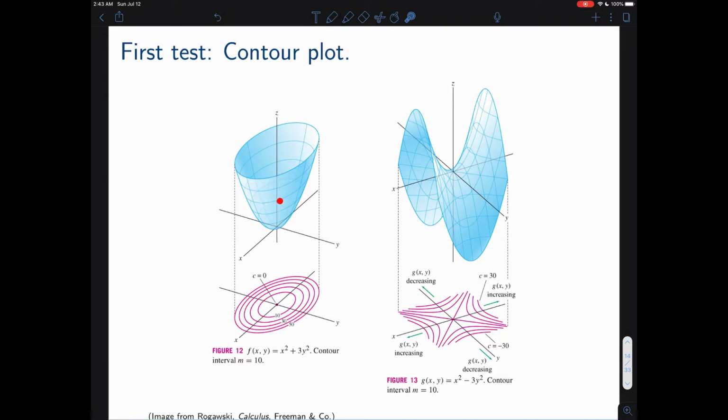The horizontal traces are these horizontal slices, the sort of blue lines here along the graph. I'll draw them in purple. Well, I guess they go all the way around like this, and those are the horizontal traces, and if you draw them on the XY plane, you get the contour lines.